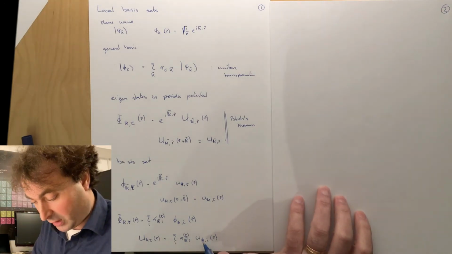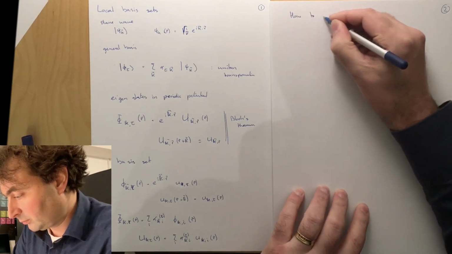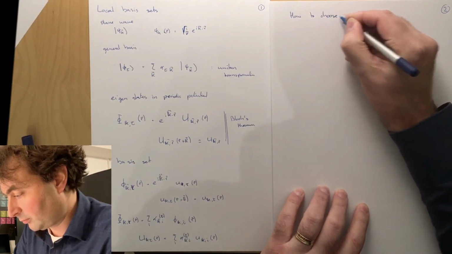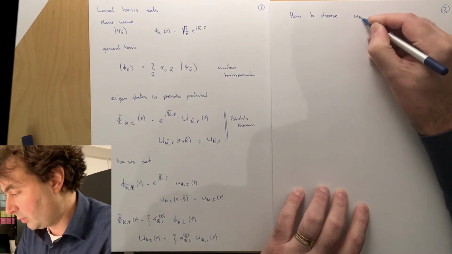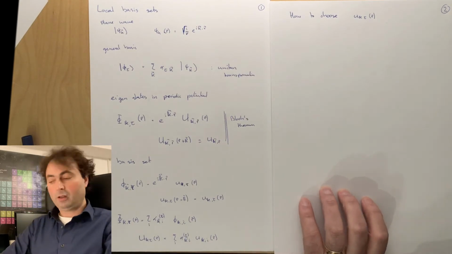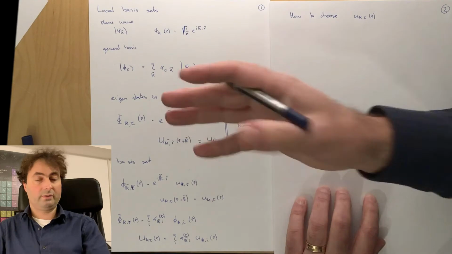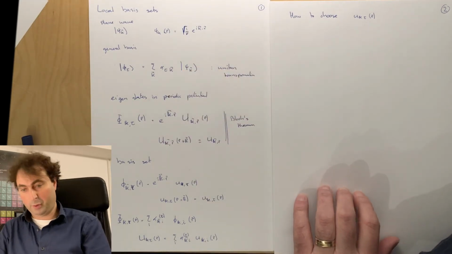So the question is, how do we choose this small u? How do we choose u_{k,tau}(r)? In principle, we are free to choose any orthonormal set of periodic functions.